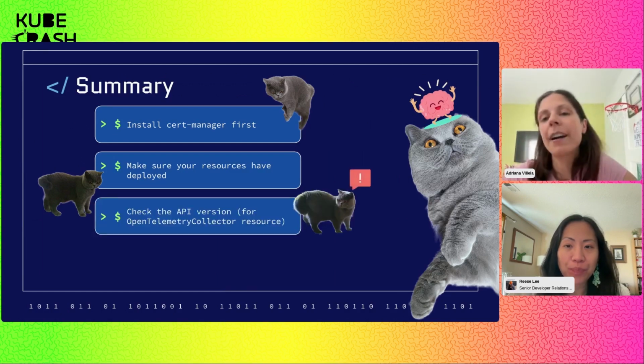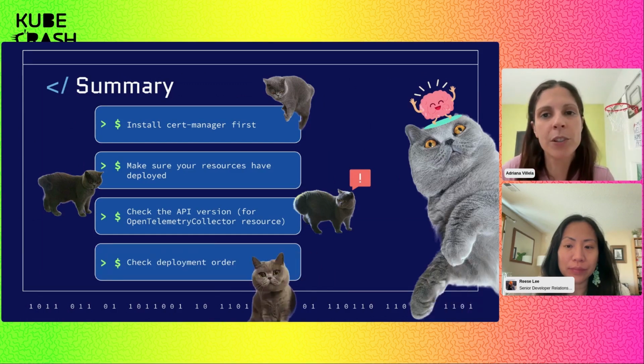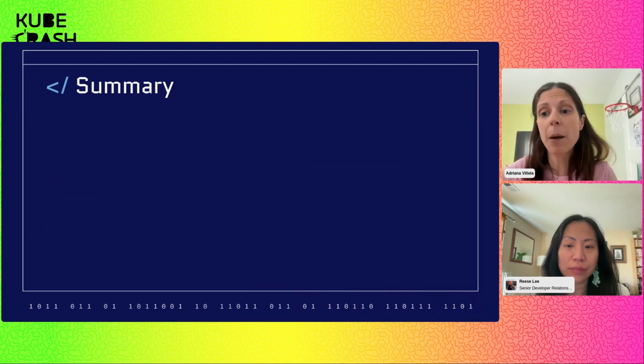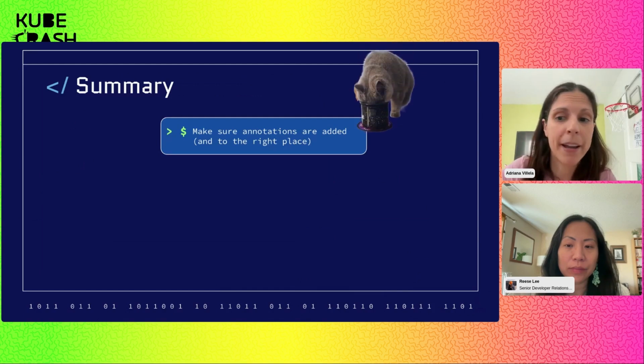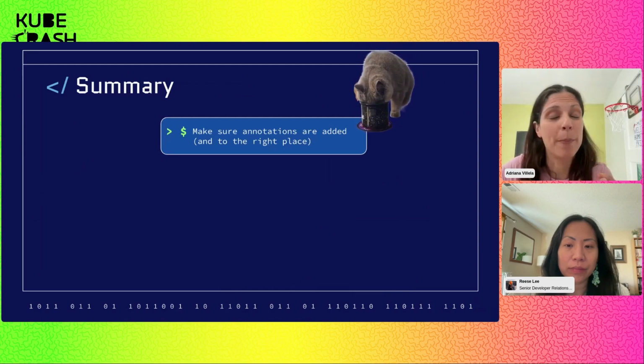Check that API version, especially for that OTel collector resource, because there are two versions. Don't get them confused. Deployment order matters, especially when we're doing that auto-instrumentation bit. Remember to deploy that instrumentation resource before our deployment. Also, annotations matter. Make sure that you don't make any typos. Make sure you put those annotations in the right spot in your deployment.